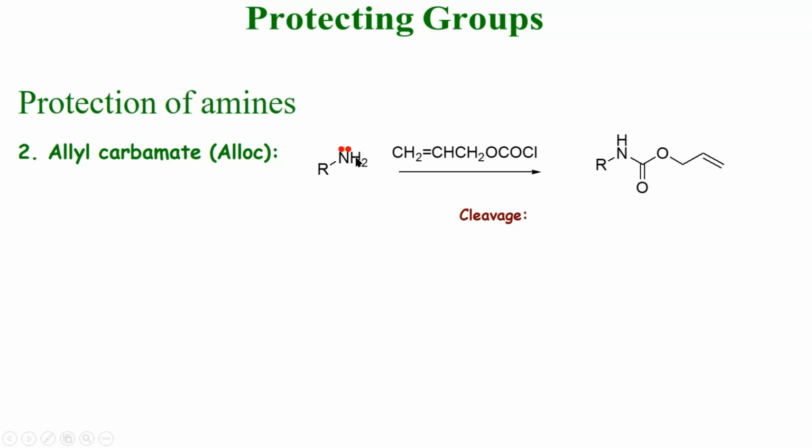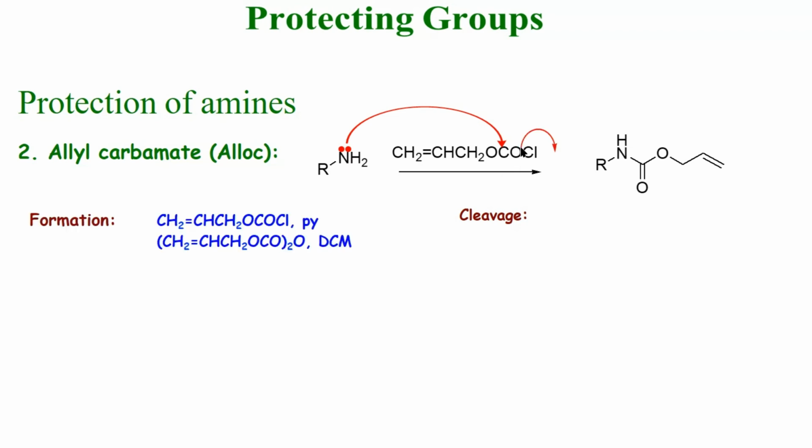The lone pair of electrons on the nitrogen attacks the carbonyl carbon, and the chloride ion gets kicked off in the form of HCl, and it gives rise to the corresponding allyl carbamate.